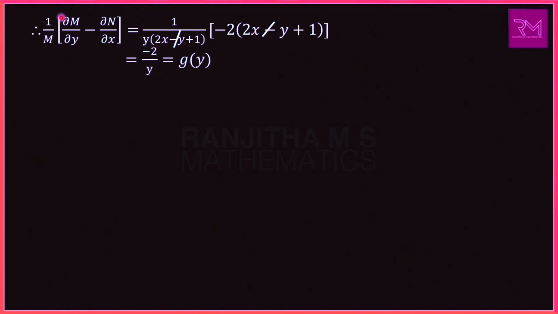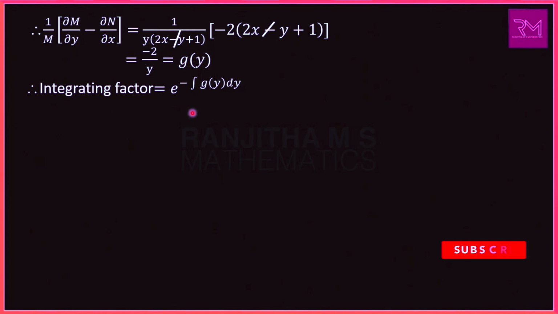This is the value of (1/M)(∂M/∂y - ∂N/∂x). Observe carefully, this is a function which contains only y. So we can take this as g(y), that is (1/M)(∂M/∂y - ∂N/∂x) equals g(y). If it is a function of y only, then to find the integrating factor, the formula is e^(-∫g(y) dy). Identifying whether the function contains only x or only y, we have to choose the integrating factor.